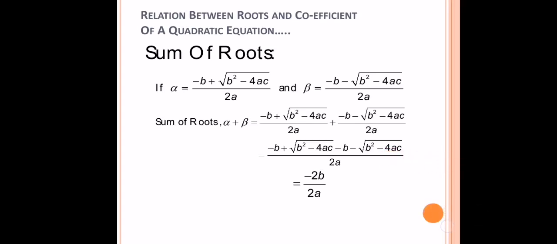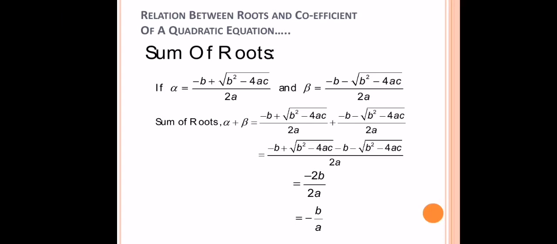The 2 will be cancelled out with this 2, and we will be left with minus b by a. So the sum of roots is equal to minus b by a, where a, b, c are the coefficients of x square, x and the constant within the standard form of a quadratic equation. So the first relation between the roots and coefficients is: sum of roots is equal to minus b by a.